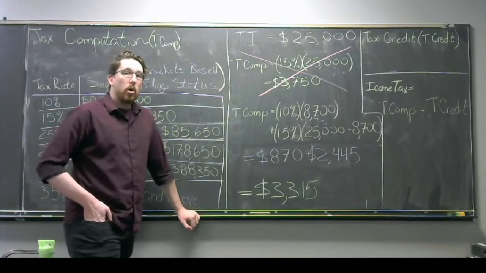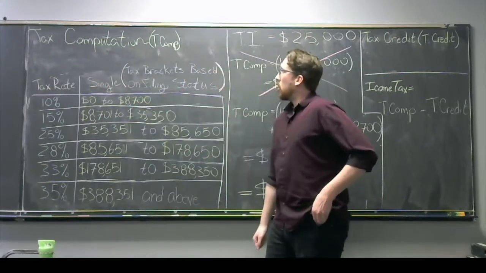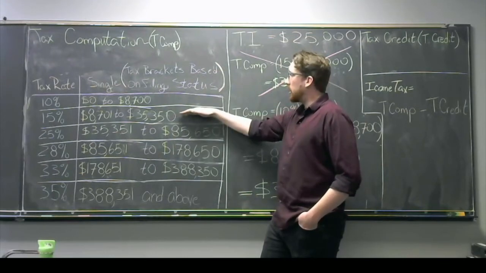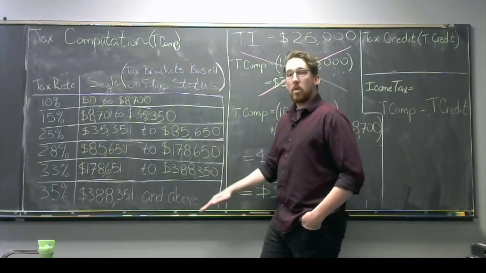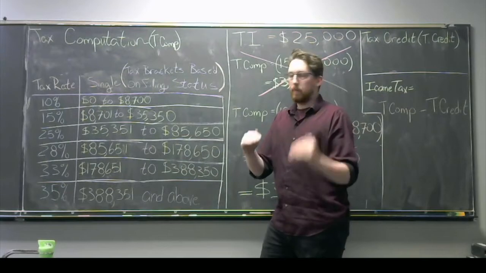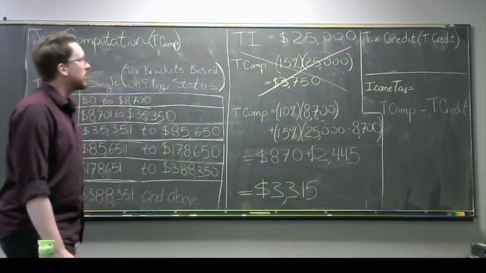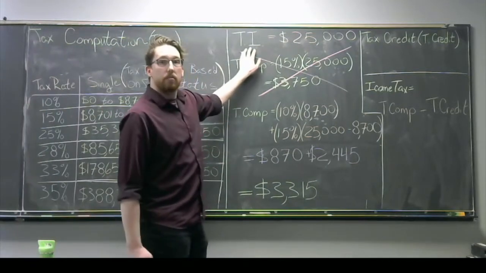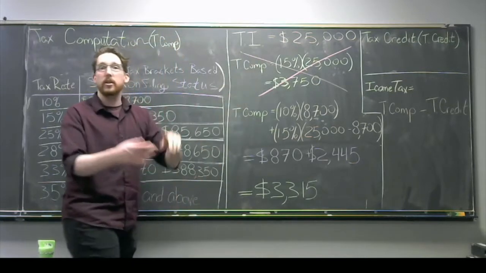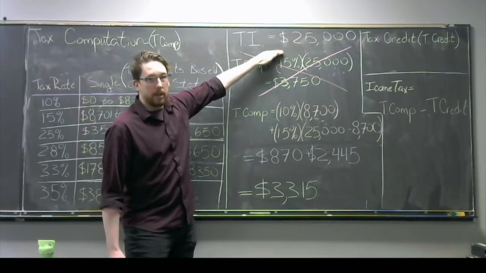What we do when calculating the tax computation is look at what you make, and we say, all right, this much is in this bracket, this much is in the next bracket, and so on, until we get to the final bracket that your income belongs to. So what does this look like in practice? I make $25,000 in taxable income. This is after deductions, exemptions, and adjustments, right? This is my taxable income.